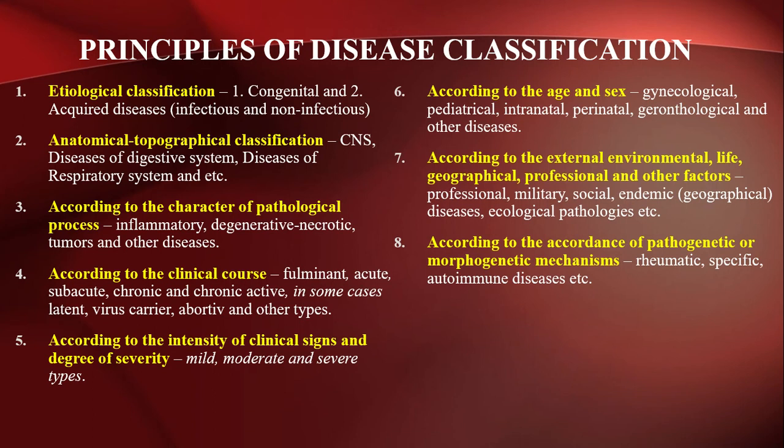According to the clinical course, we classify fulminant, acute, subacute, chronic, and chronic active diseases, in some cases latent, virus carrier, abortive, and other types. According to the intensity of clinical signs and the degree of severity, we can classify mild, moderate, and severe types.